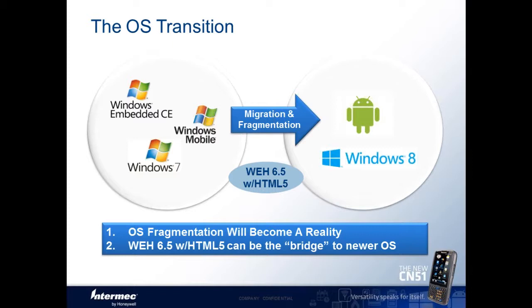At the same time, smartphones running Android and Apple's iOS have been very popular with their rich graphical user interfaces and many useful applications. And users are asking why they can't have those same types of capabilities on their work device. We believe that with Ice Cream Sandwich, which is Android 4.0, and now Jelly Bean, which is Android 4.1, Android has become a viable alternative for enterprise mission-critical applications. They've added support for more security, support for third-party mobile device management applications.